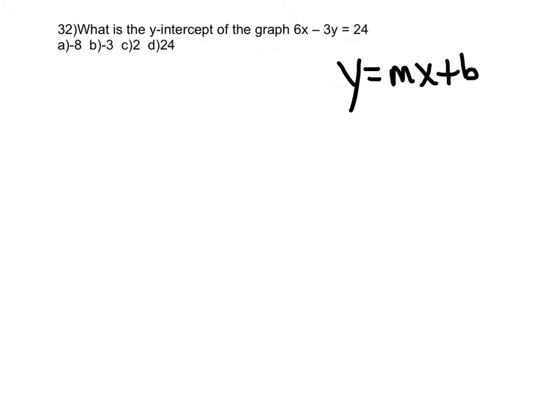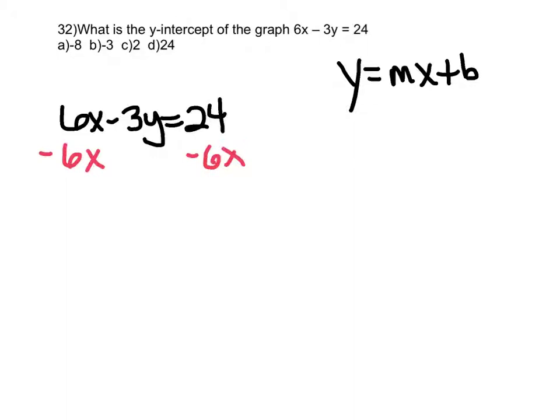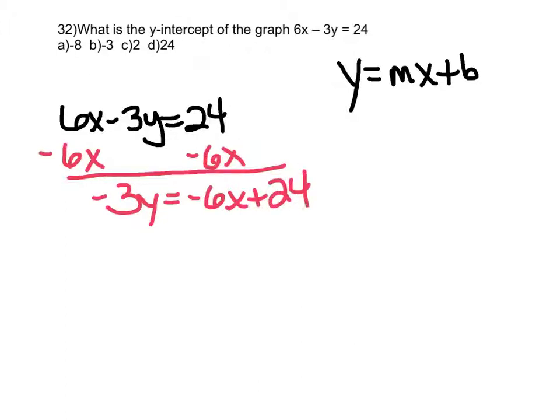That means we have to rearrange this, and I would take 6x minus 3y equals 24 and work at getting my y alone. So subtract 6x from both sides.